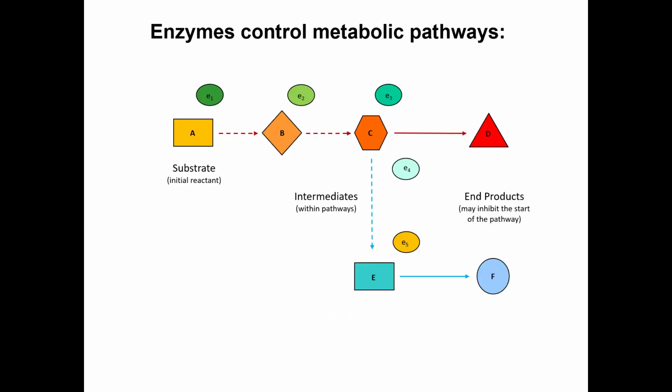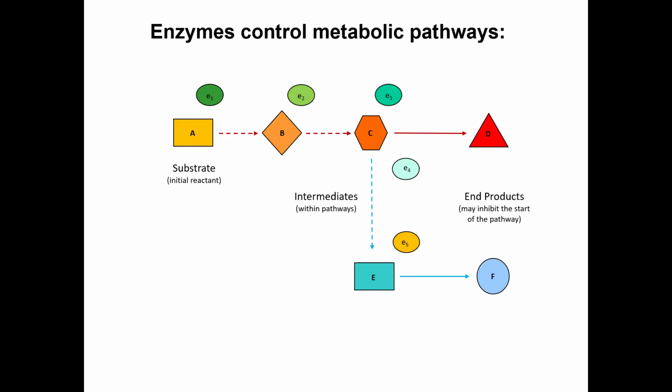So, enzymes still, on the control of metabolic pathways. You have your substrate, which is the initial reactant, acted upon by the first enzyme to form B, acted upon by the second enzyme to form C, which are the intermediates within the pathway.